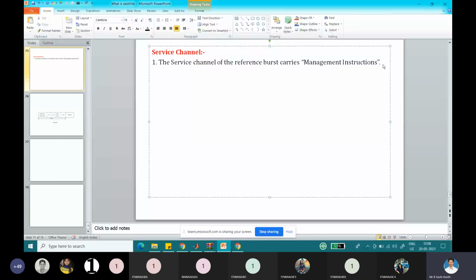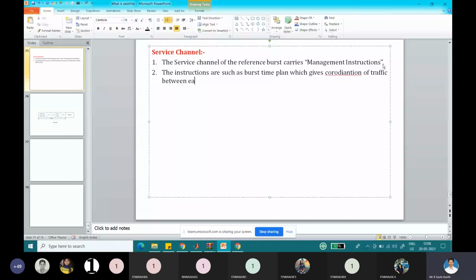So what are the management instructions? The instructions are such as first, the burst time plan, which gives coordination of traffic between earth stations.